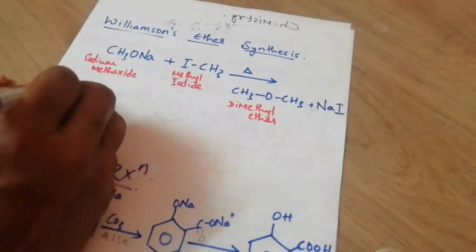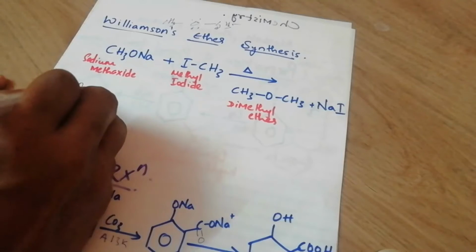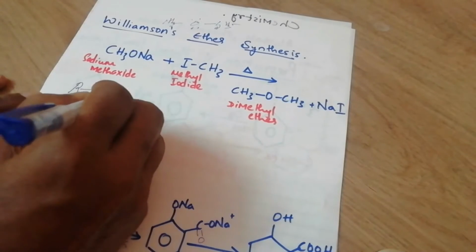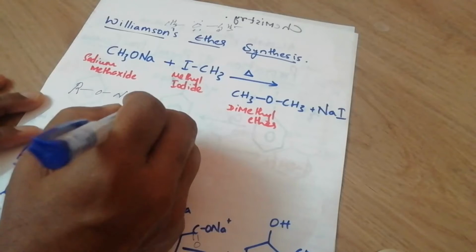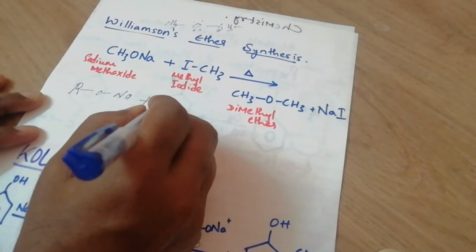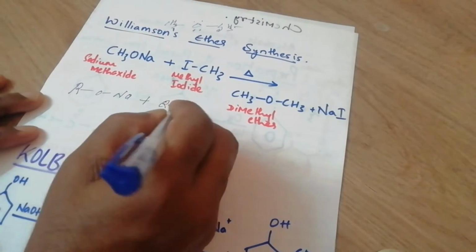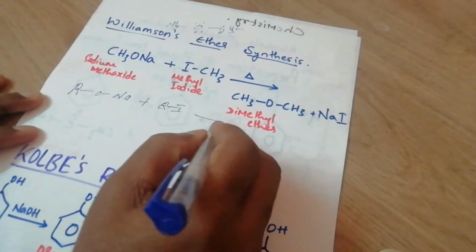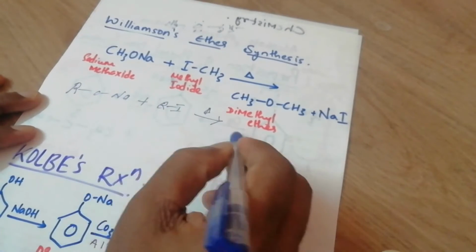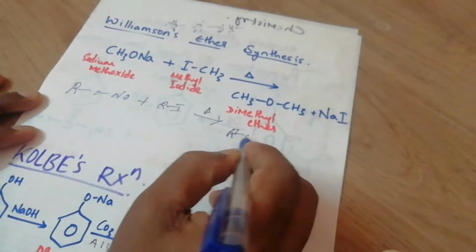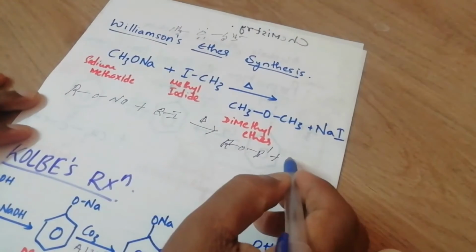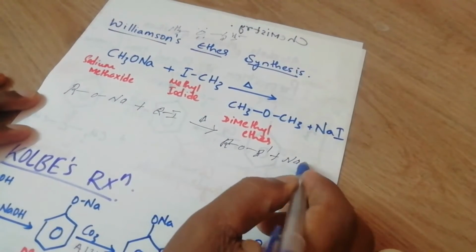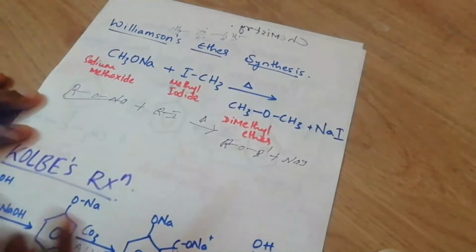Its general equation is RONa, that is sodium alkoxide, with any alkyl halide, R-X. By heating you get whether it is simple ether or mixed ether. The byproduct is NaI. This is the general equation.